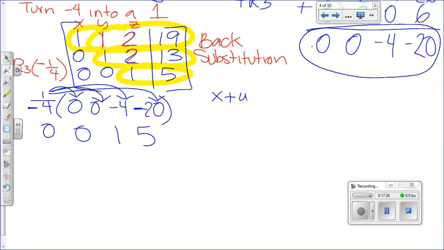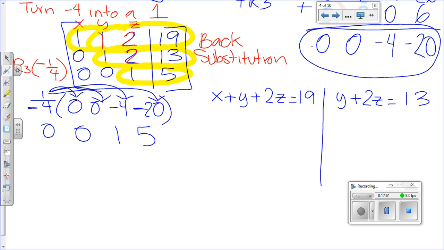x plus y plus 2z is equal to 19. And then we have 1y plus 2z is equal to 13. And then, of course, this one is already given to us. It is z is equal to 5.